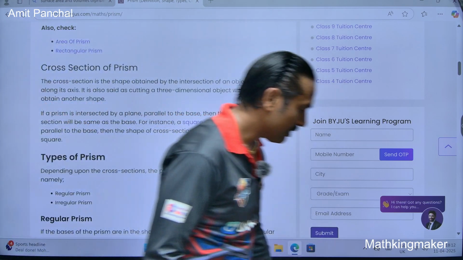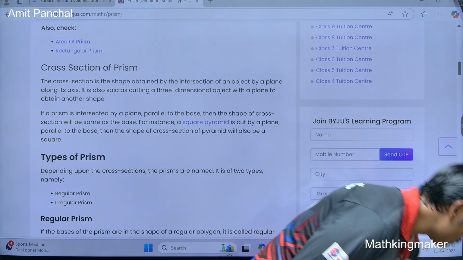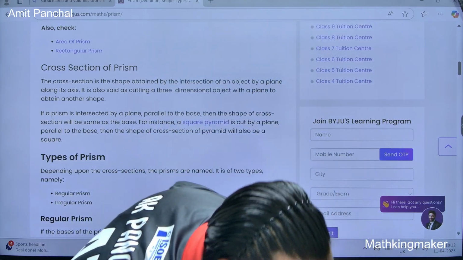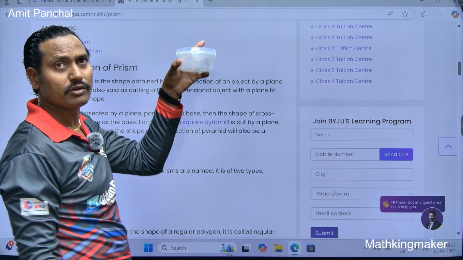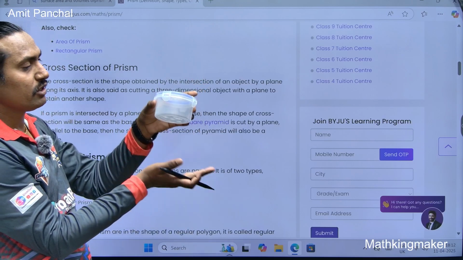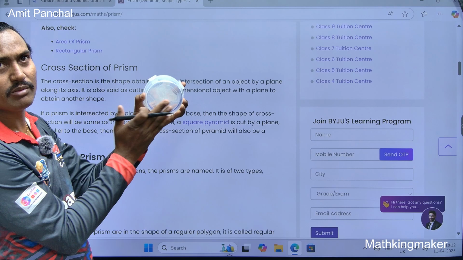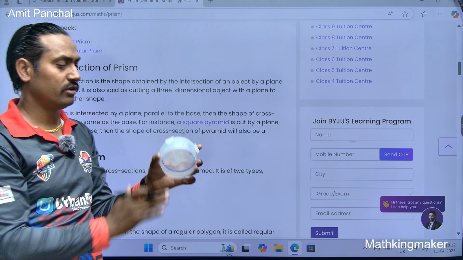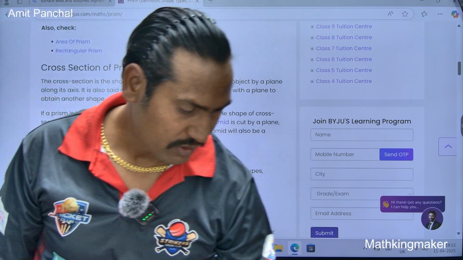If we have an object, let us say this is your box, a cylindrical box, what is its cross section? Cross section means the base. Its base is circular. So this is called the cross section.